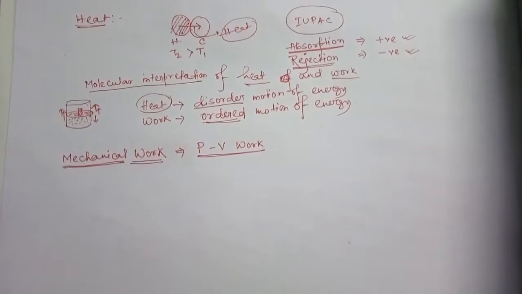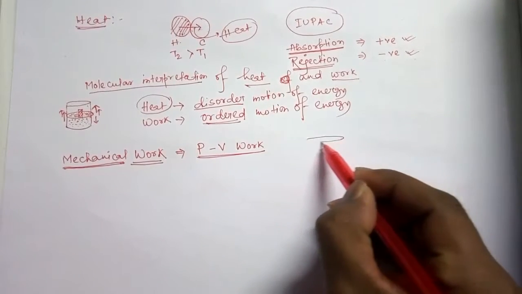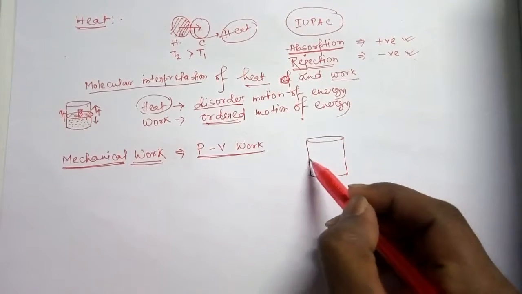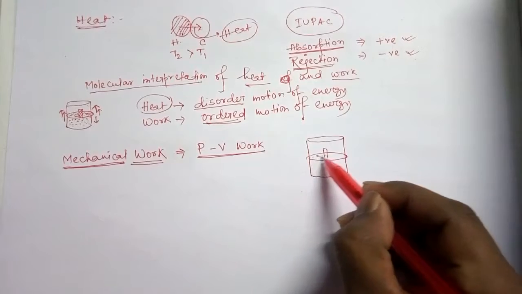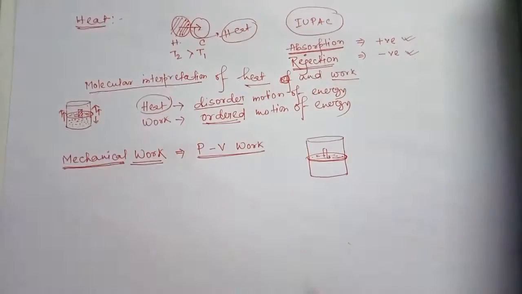So suppose there is n moles of ideal gas in a cylinder covered by a piston which is assumed as weightless and frictionless.